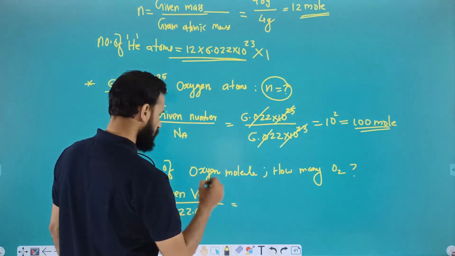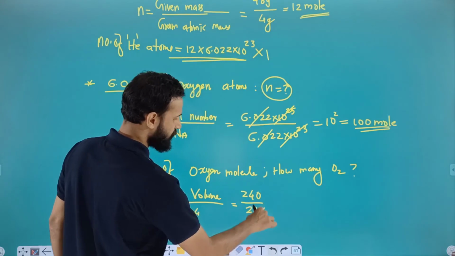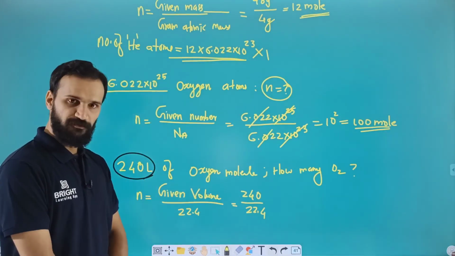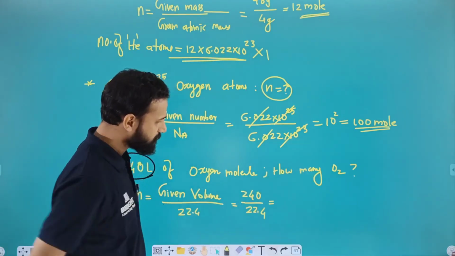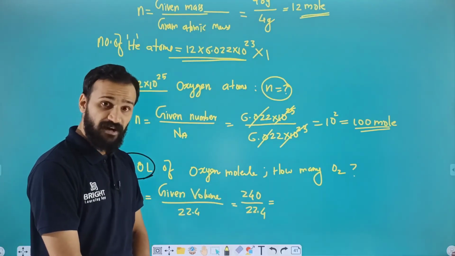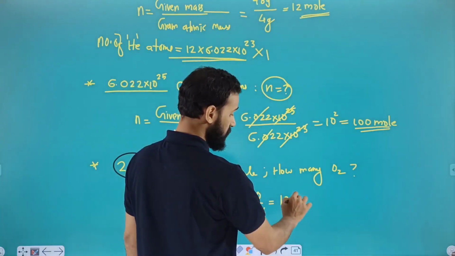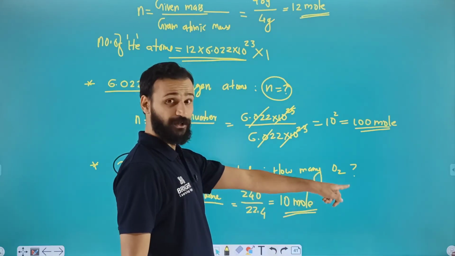So here we have 240 divided by 22.4. When you solve this, you will get 10 mole, and the question is the number of molecules.